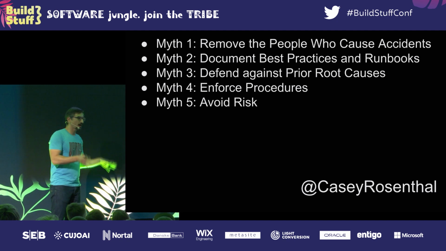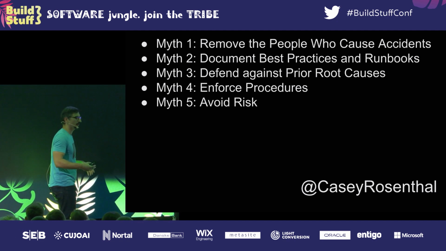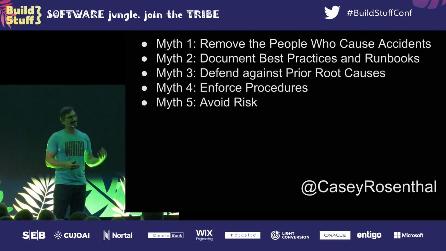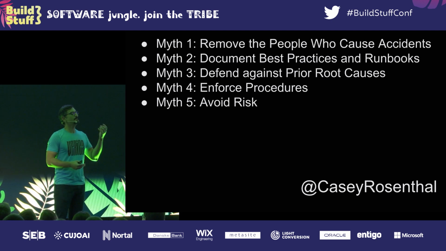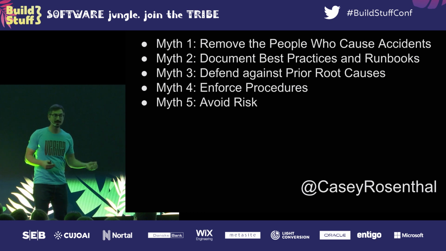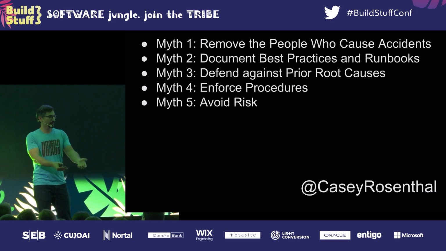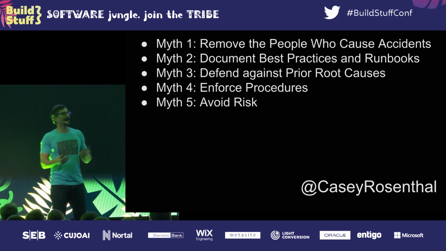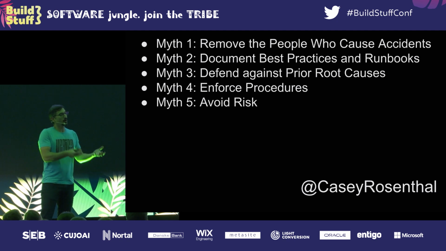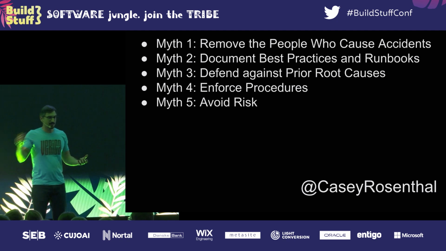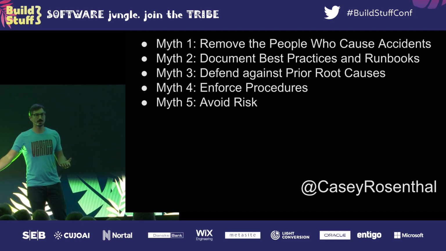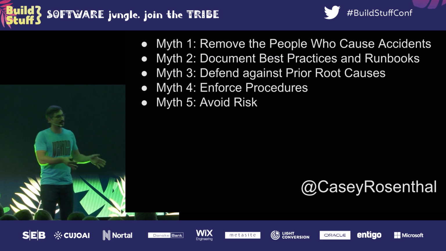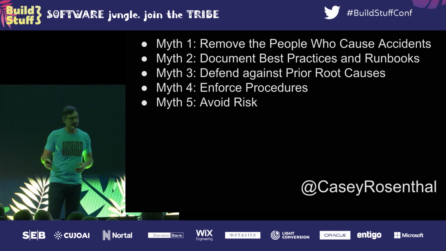So if you install guardrails, what you're doing is preventing your team from acquiring the experience that allows them to prevent accidents. Because chances are you have many, many more almost accidents that your operators prevent from happening than you have actual accidents. And every almost accident, everybody involved is getting a little bit more context on how to avoid the next one. And so guardrails prevent that method of learning.